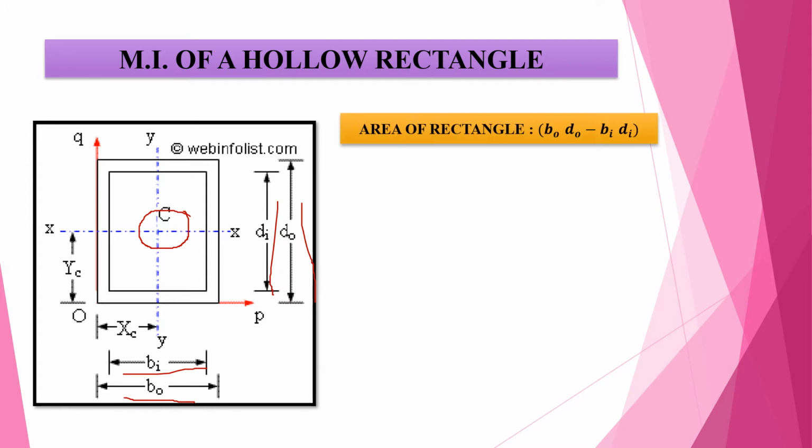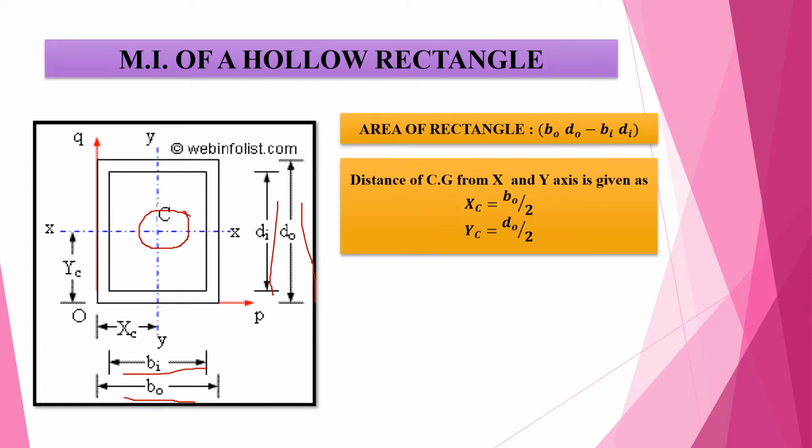The area of a hollow rectangle is the outer dimensions minus the inner dimensions, so b0 d0 minus bi di. Then the distance of the centroid from the x and y axes for the hollow rectangle is given as xc equals b0 by 2 and yc equals d0 by 2.